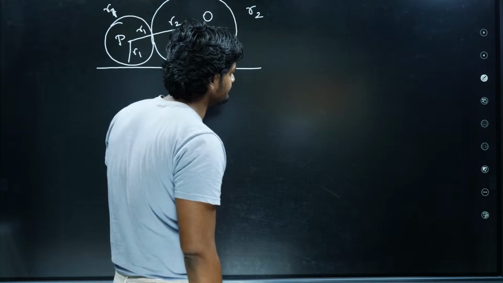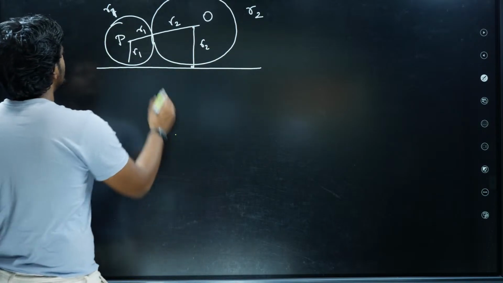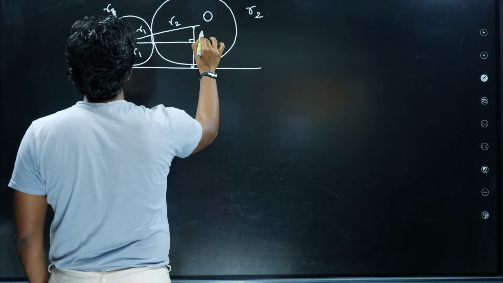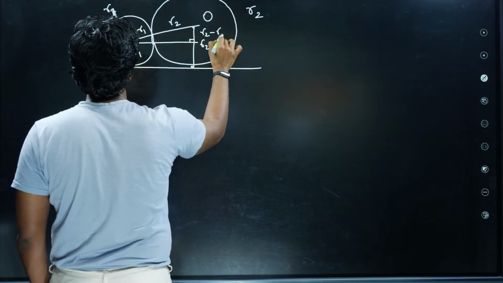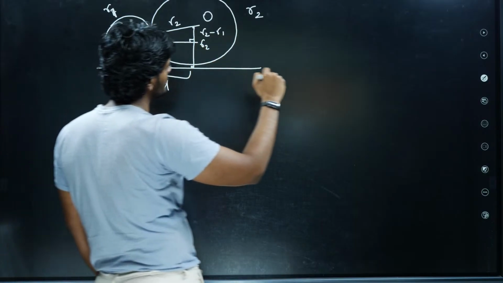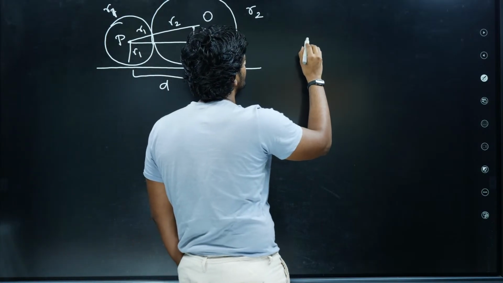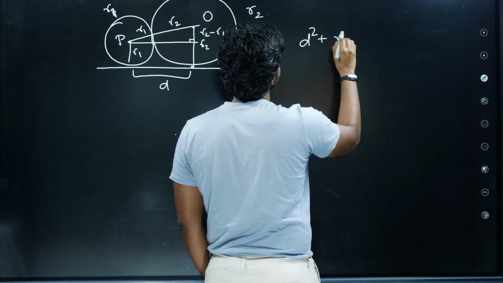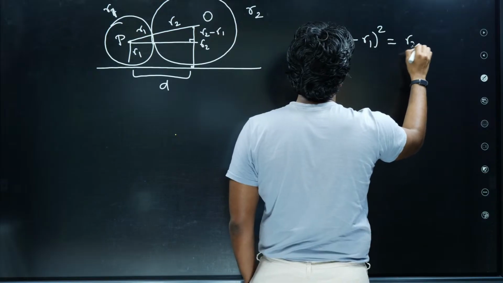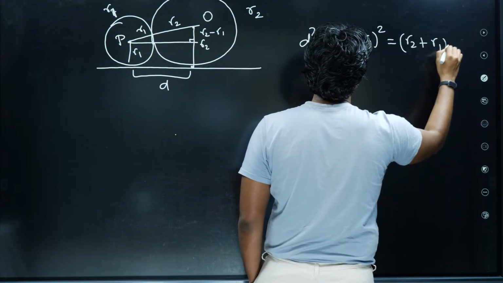Then if I draw a perpendicular here, this length happens to be R2 minus R1. So we want to find the distance D. We have a good right angle triangle, and D square plus (R2 minus R1) whole square is equal to (R2 plus R1) whole square.